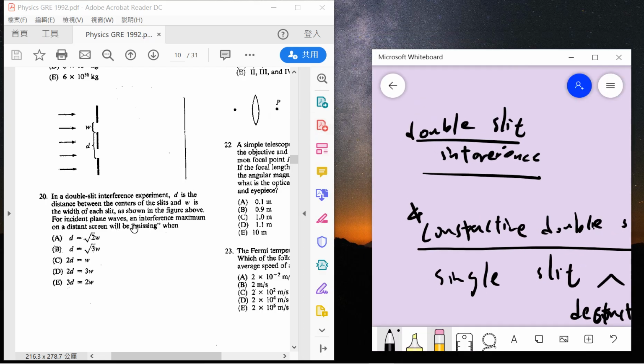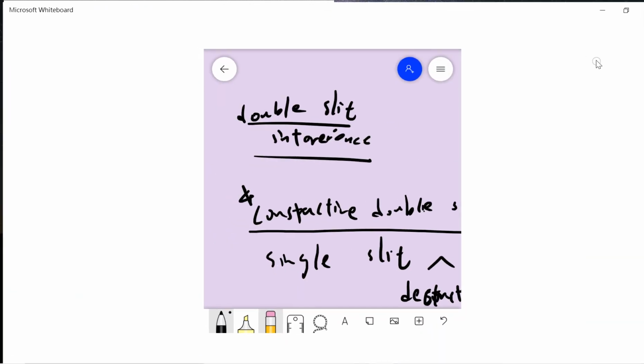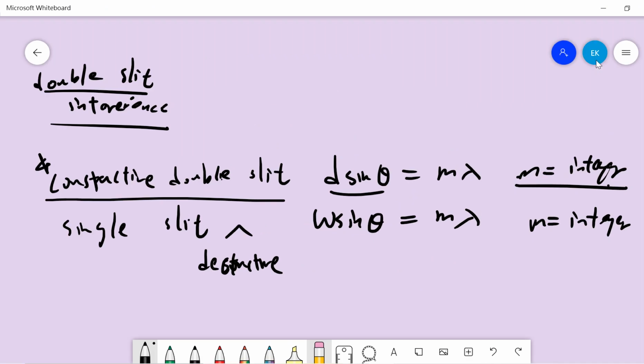So what you are asked is that the interference maximum on a distant screen will be missing. What does missing mean? Suppose I have m1 and m2: if the constructive double slit condition meets the single slit destructive condition, then it will be missing. So we have d over omega equals m1 divided by m2.